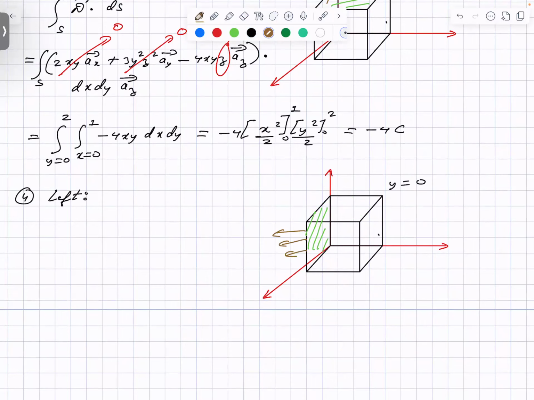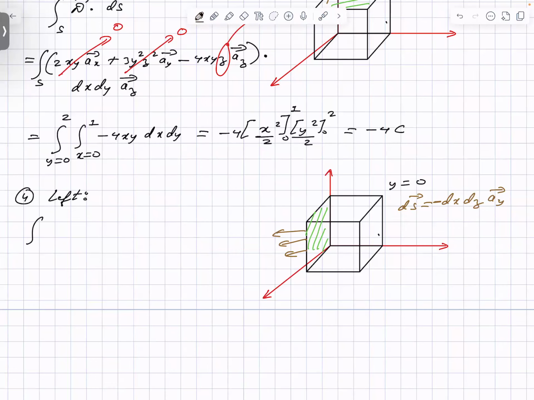And the surface is ds equals dx dz ay, and there has to be a negative sign because the surface is pointing in this direction, right? When we're leaving the surface, the flux goes in this direction. So negative ay if we're considering the left surface.